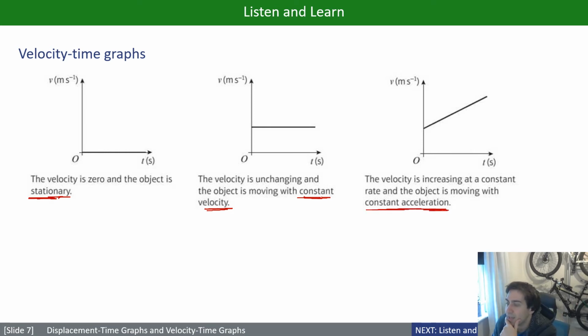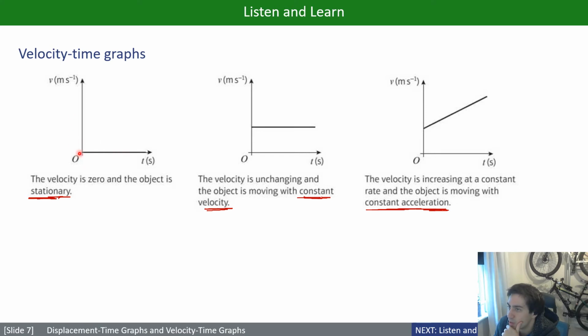Okay, and again, you just need to make sure you've convinced yourself of why that's the case. It's not just a case of memorizing the shape. You want to understand why that is the case, and hopefully it should make sense. In the first instance here, that invisible horizontal line on the x-axis, at all times its velocity is 0, right?